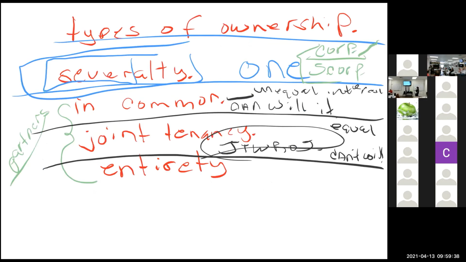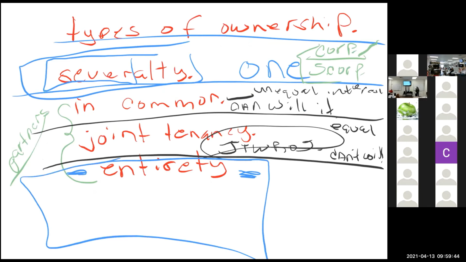Tenancy by the entirety. It's seldom used anymore. It used to give extra protection to husband and wife. I do have some properties with tenancy by the entirety. So it's husband and wife only.